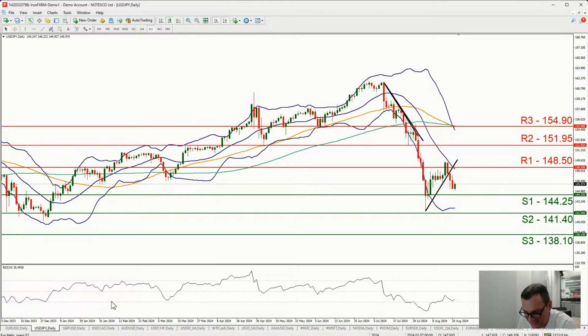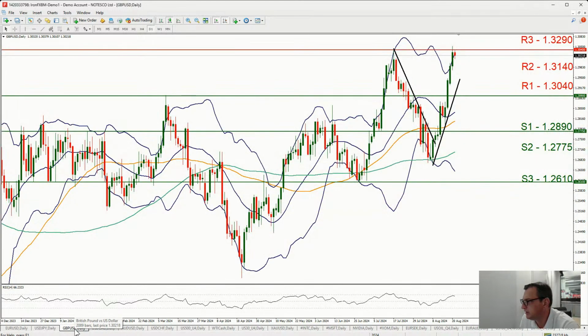Okay, let's have a look at cable, which tends to be pretty similar to the euro. Here you go. And it's even steeper. Actually, the rise of GBP/USD is quite a bit steeper than EUR/USD, which more or less tends to imply a relative strength on behalf of the GBP.